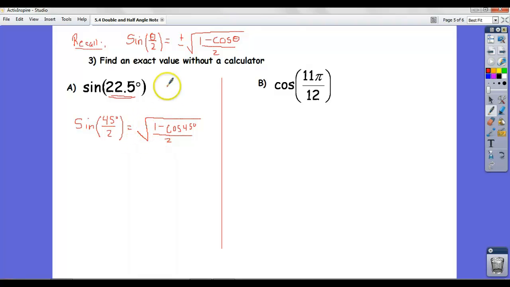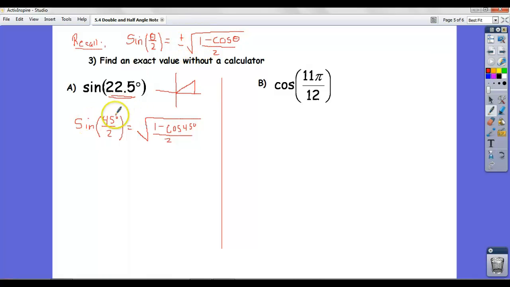Now what about the plus or the minus? Well, this is the sine of an angle, right? And this angle, 22.5, happens to be in quadrant 1, where sine is positive, so we should expect that the ratio should be positive. So I'm going to take the positive version.